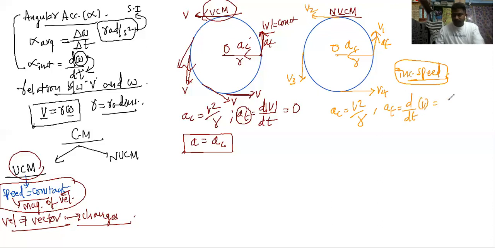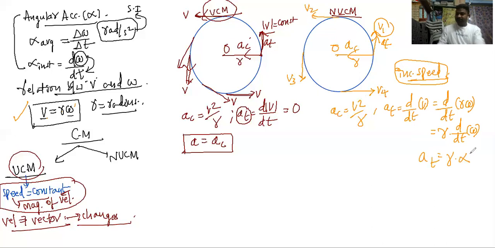So here comes an important point. d by dt of v is equal to d by dt of r omega, because this is the linear velocity but the particle is moving in a circular path. Here you should use the relation v is equal to r omega. From here, r is constant, so r into d by dt of omega is alpha. So tangential acceleration is r alpha.